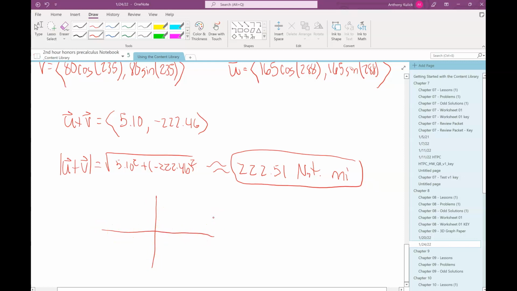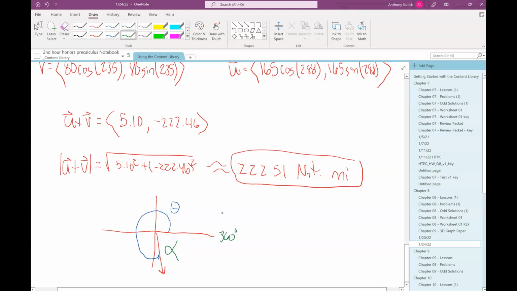And if I draw my picture here, so 510 over and 222 down, it's like here. So we're looking for this angle here. There's my alpha.